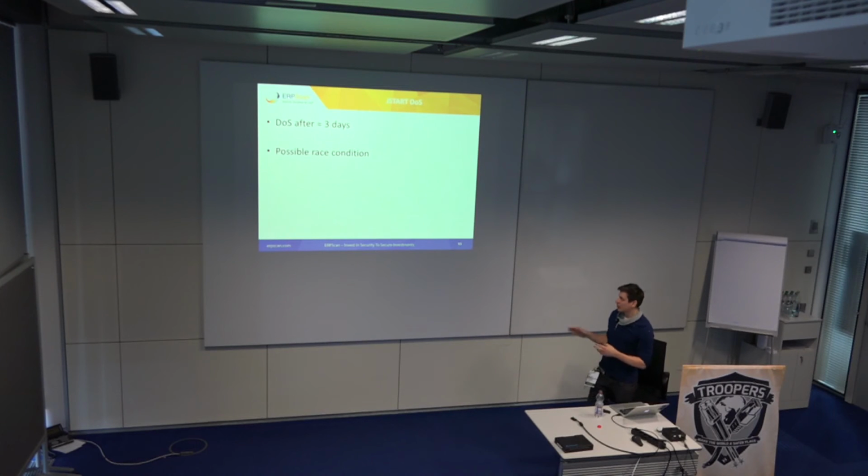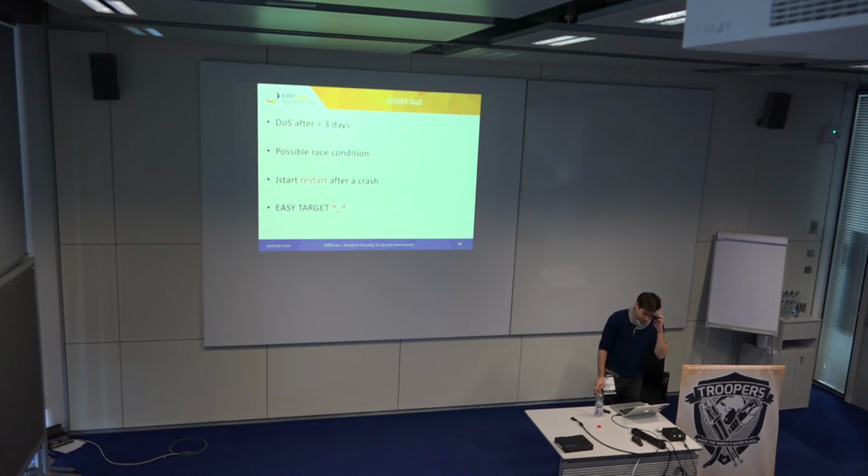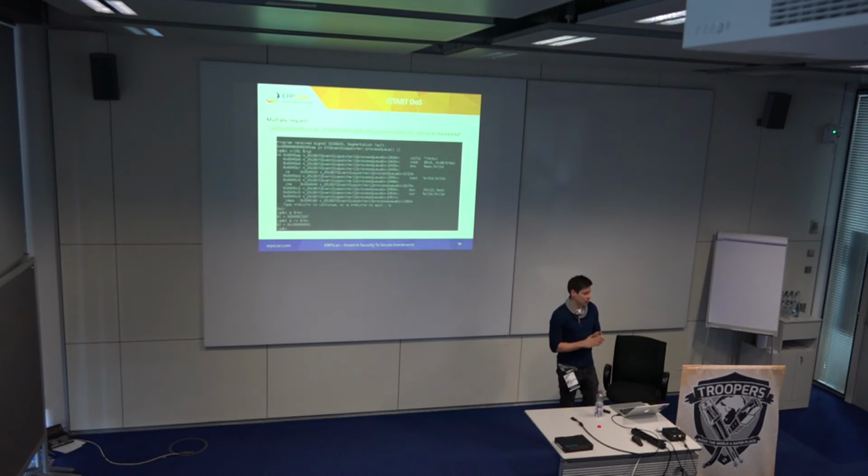It was a possible race condition. What is interesting, an attacker can send a few special requests to the G-start port, which will trigger the vulnerability, and G-start will crash. And what is interesting, after crashing, G-start starts again. It was pretty easy.